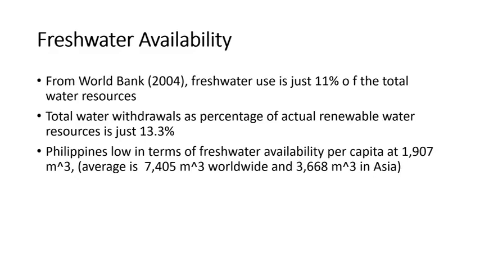So as a result, we have a relatively low freshwater availability per capita at around 1,907 cubic meters, as opposed to the worldwide average of 7,405 and the Asia average of 3,668. So we are lagging behind our Asian peers, and by a lot in terms of worldwide averages.